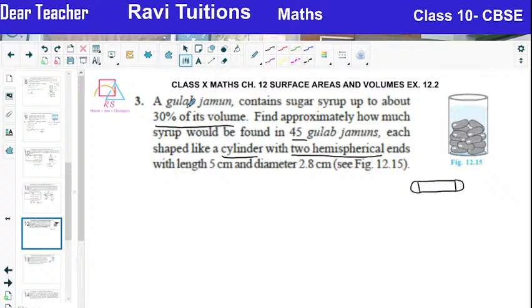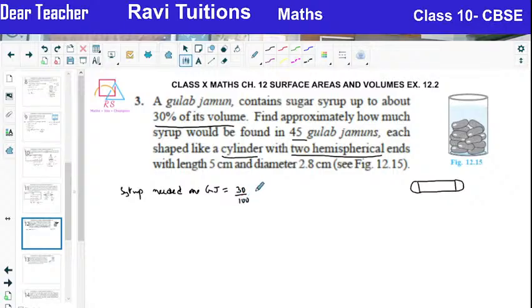Then how much syrup is needed for 45 gulab jamuns? Syrup needed for one gulab jamun is equal to 30%.